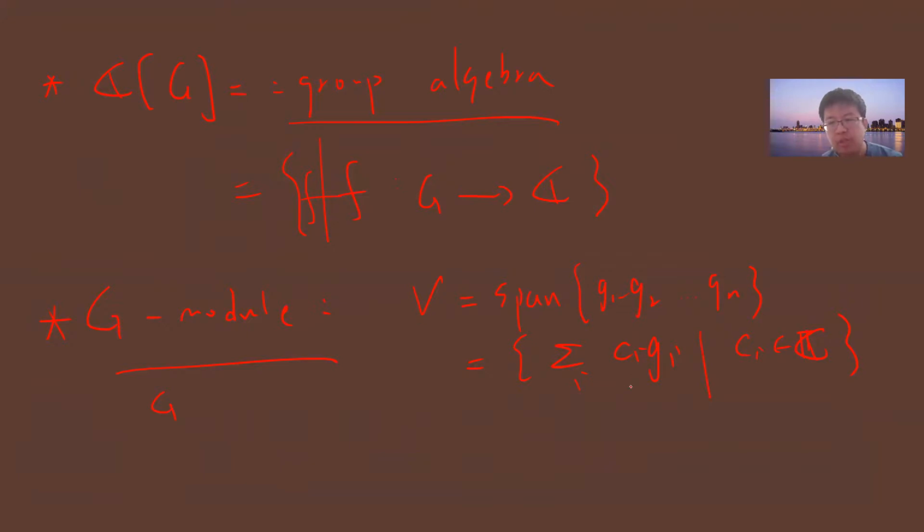This is a vector space by the usual summation, and there's no group structure here, but for any element g, if you act on it, you can define g times g_i, which becomes another element. This makes the vector space an abelian group, and G looks like a ring, although it's not necessarily commutative. So this makes the whole structure a G-module. Okay, some not necessary notation.